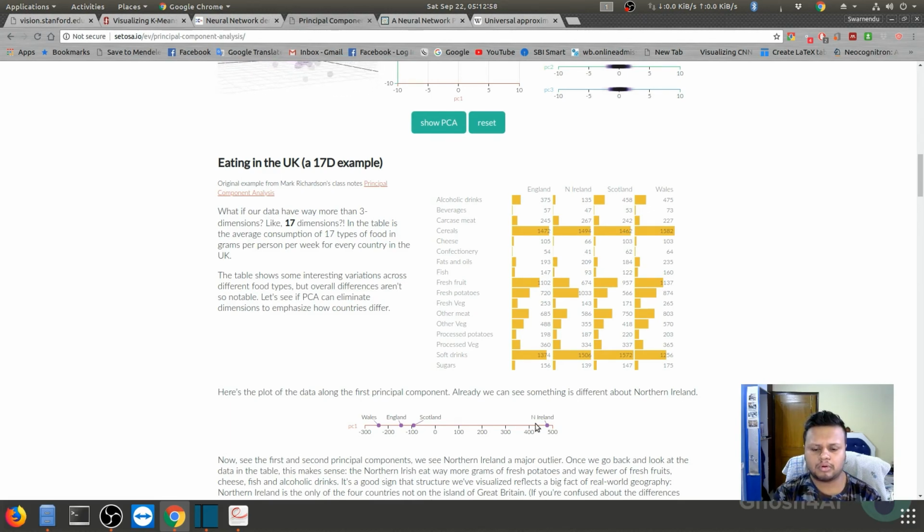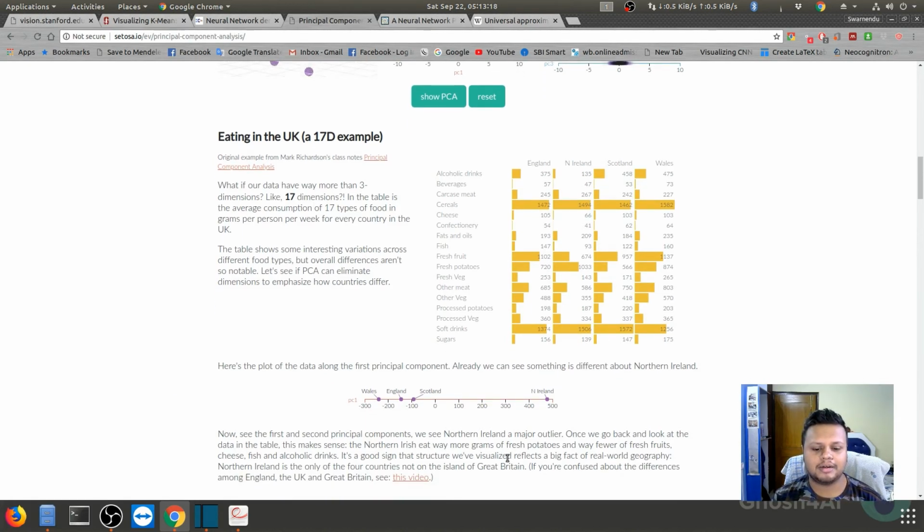Now this can look like, okay, maybe the data distribution is in such a way that Northern Ireland is different from these 3 things, but the thing is, even in terms of the real world, Wales, England and Scotland are the 3 countries of Great Britain, and Northern Ireland doesn't actually belong to Great Britain, and hence because of this geographical separation there is also a distinction in terms of the kind of things that they consume.